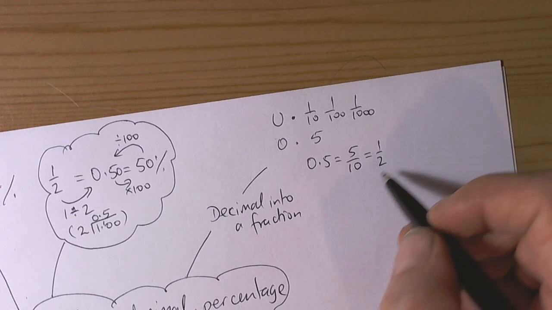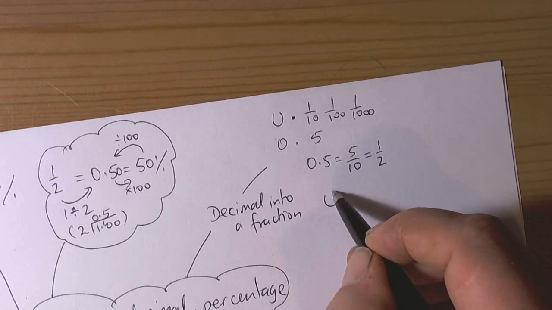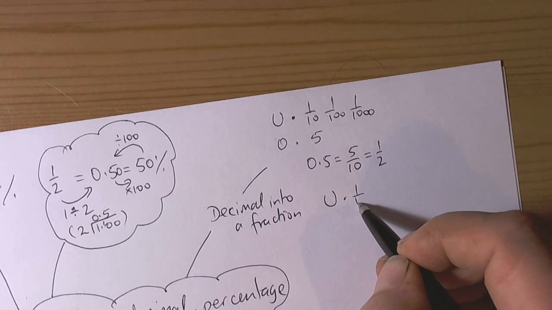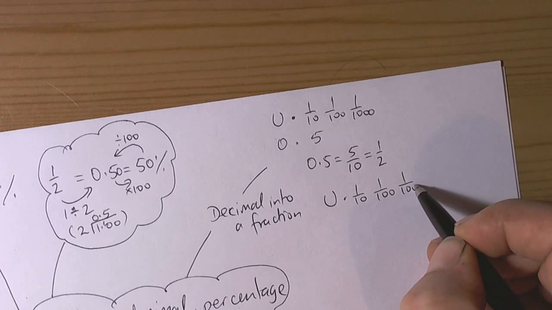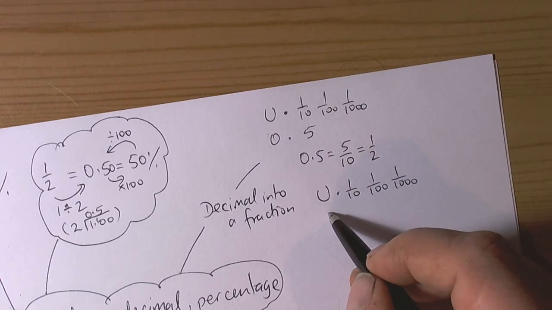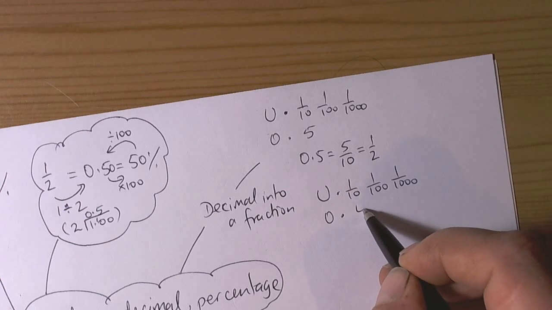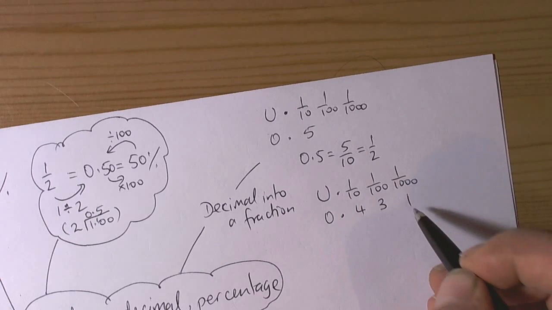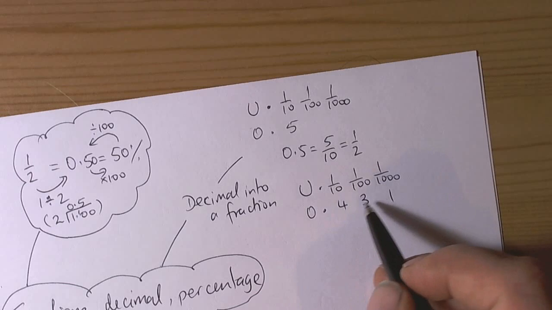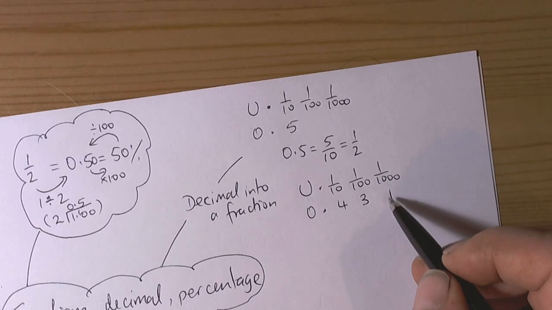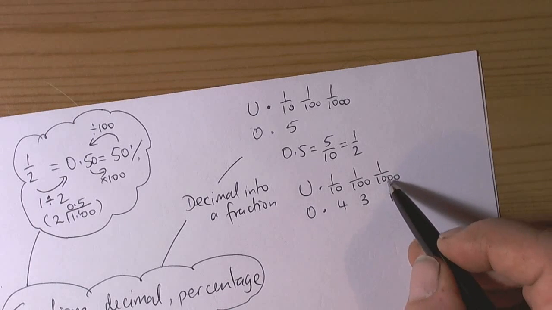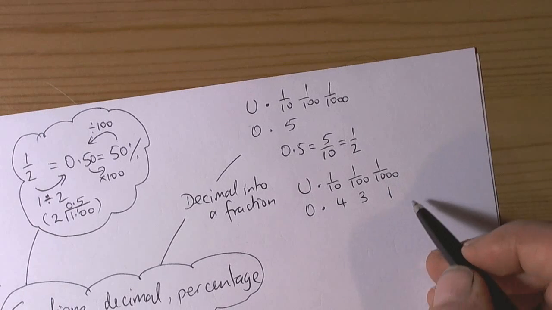So if I do one more example, again, if I start with the idea that I write down my headings to help me to see what I'm doing, then say I had 0.431 and I was asked to turn this into a fraction, then I can see that the smallest place value in the number is a digit in the thousandths column.